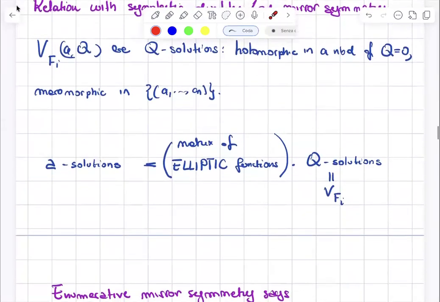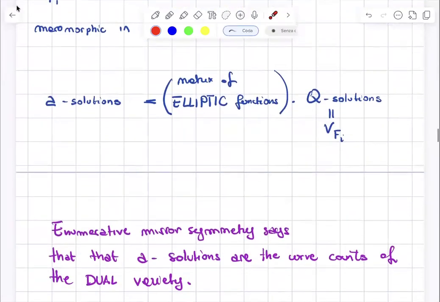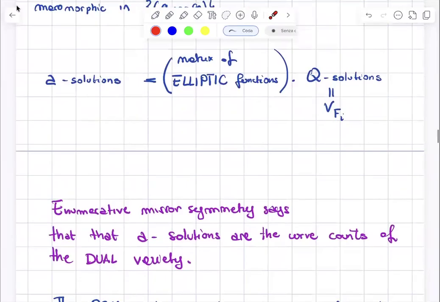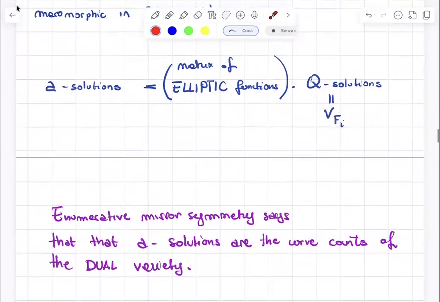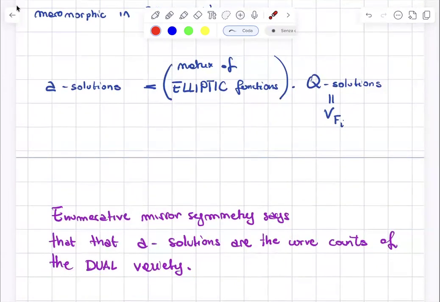What enumerative mirror symmetry says is that the A solutions, so the solutions that are regular in the A, are supposed to be the curve counts to the dual variety. So we start with our target, our Higgs branch, so to speak. We count curves to the Higgs branch.